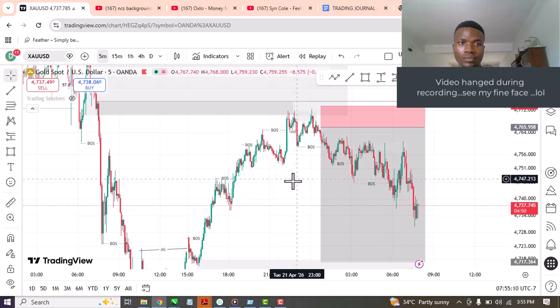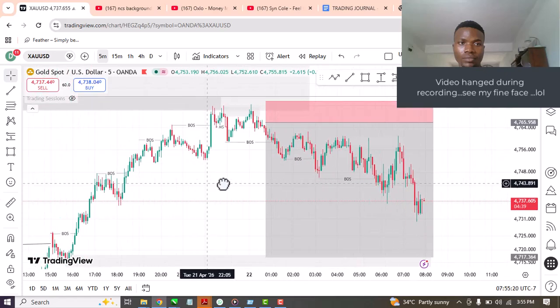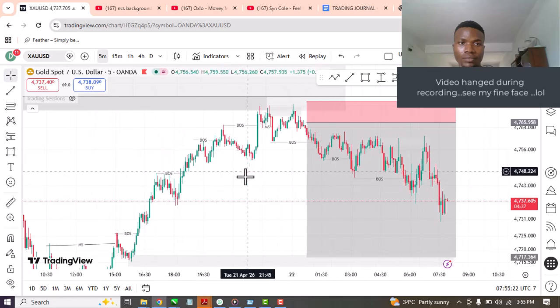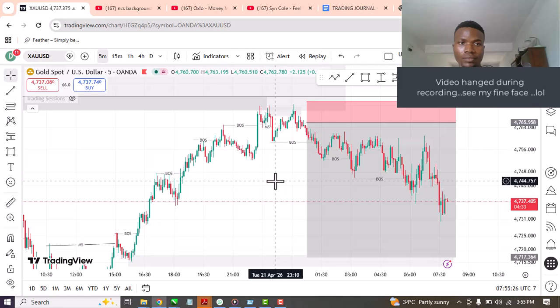Another thing is that when you are trading, you don't want to look at lower time frames. There's so much noise on the lower time frame.